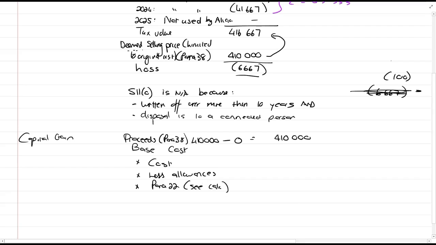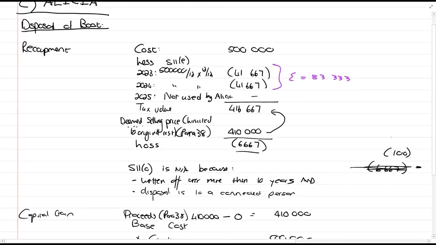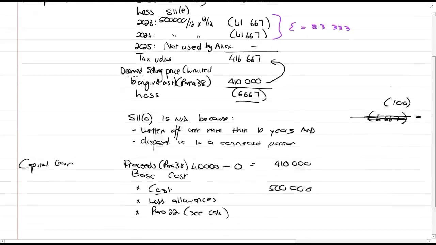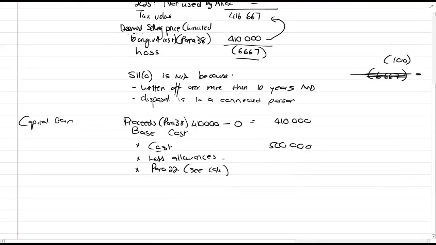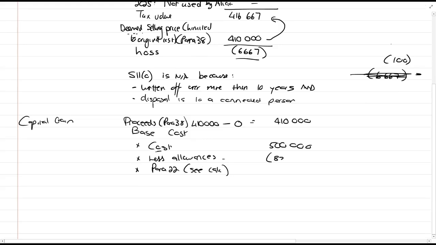Okay, so let's quickly fill in the rest. So the cost of this asset was 500,000. Let me make this cost here for you the reference. Section 9HB, remember that's the rollover from spouses. So cost is 500. The allowances is that amount we calculated there, 83,333.